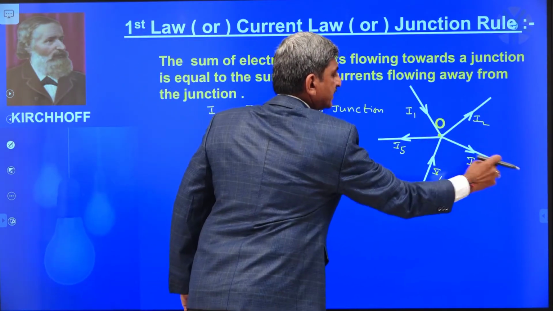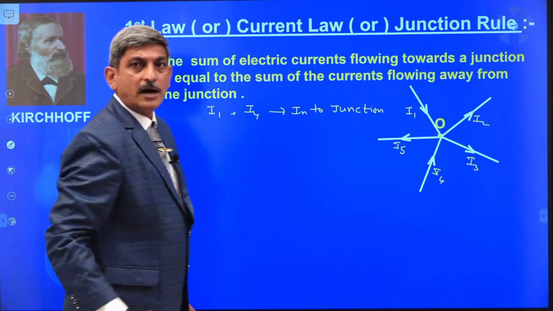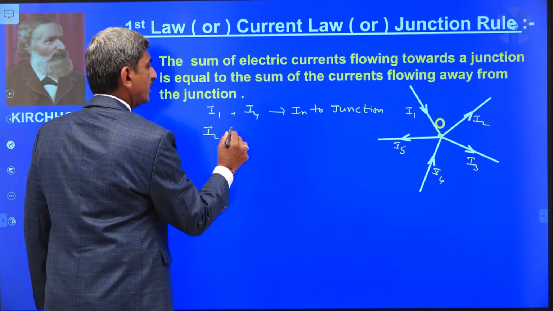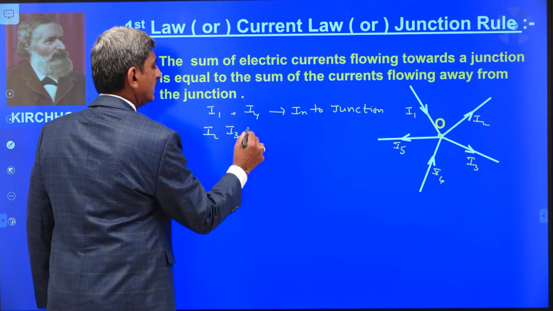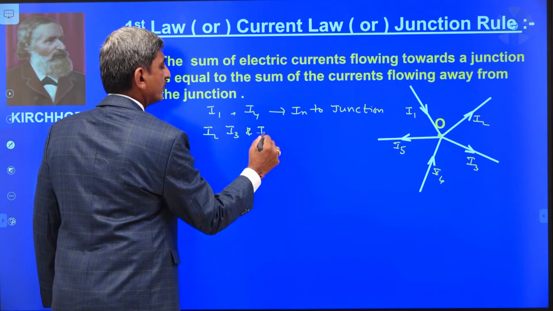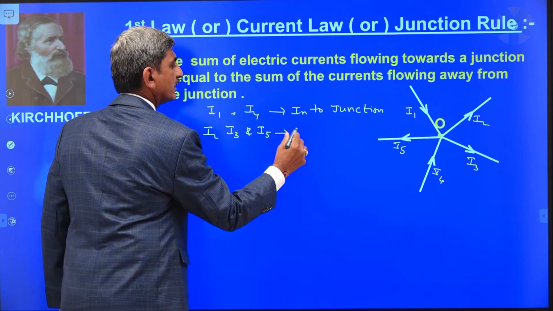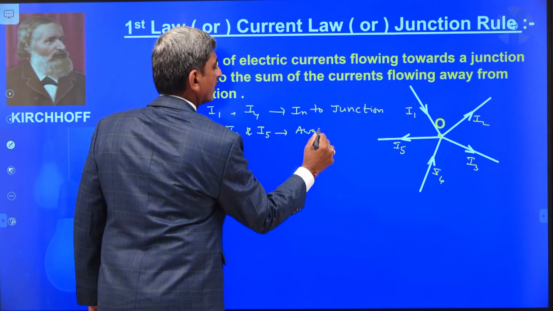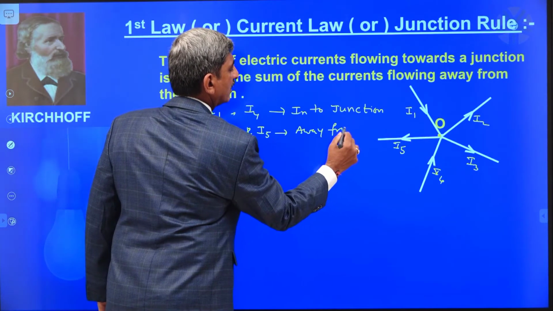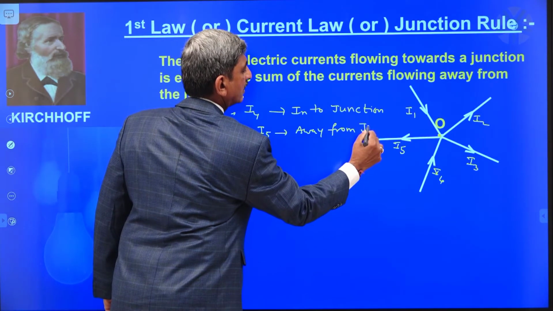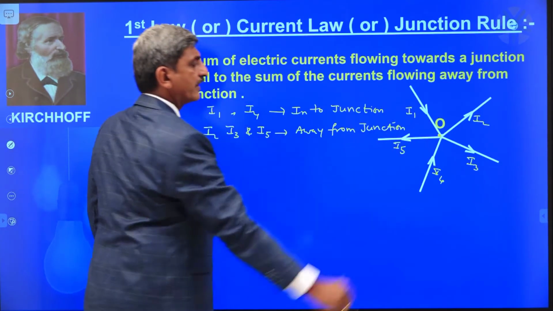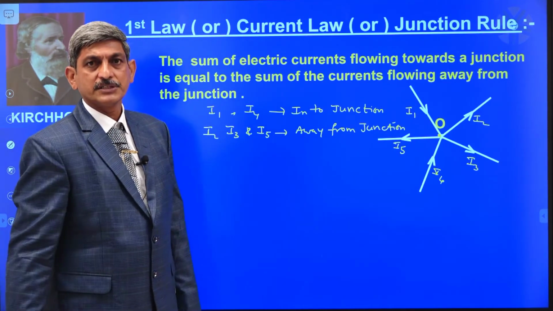I2, I3 and I5 are flowing away from the junction.